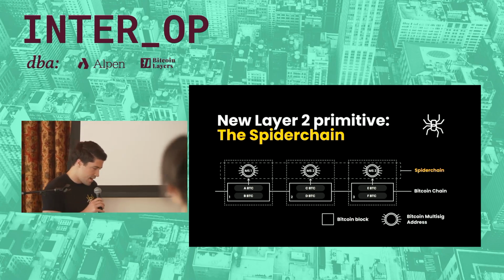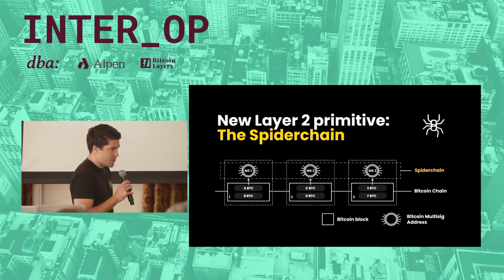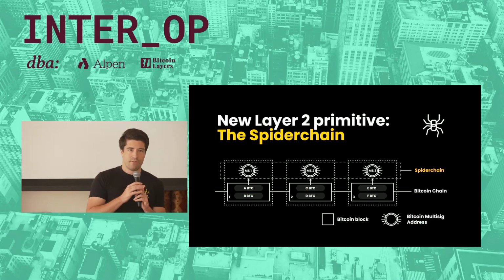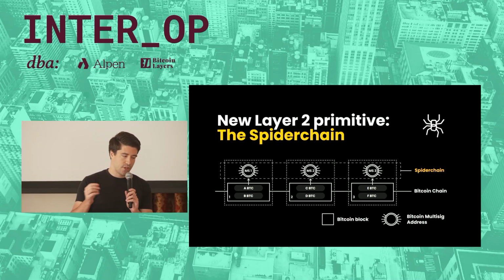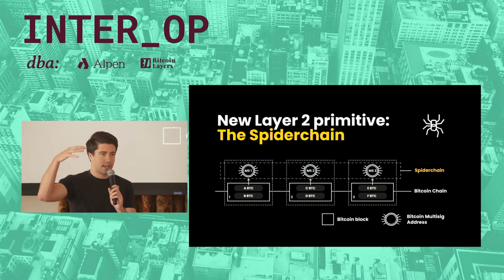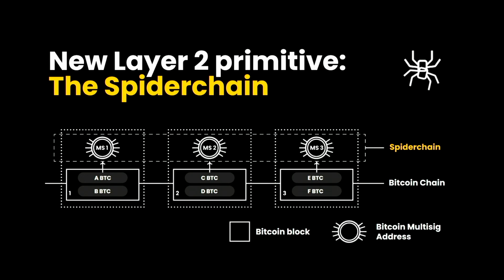All right. So the best way to think about spider chains, I will make a reference to the Lightning Network first, and then we'll park that, and then I'll explain what spider chains are. So when you think about the Lightning Network from a very high level, it is a network of 2 out of 2 multisigs. If you and I open a channel, that's a 2 out of 2 multisig.